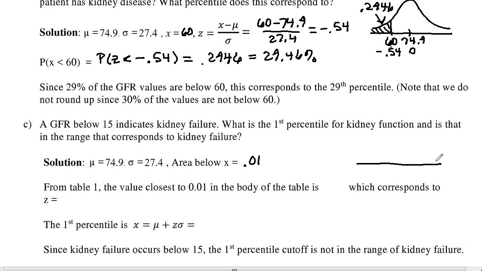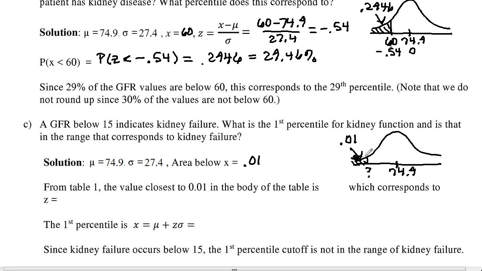So if you sketch your diagram, you've got your 74.9 in the middle, and then down here in the first percentile, you've got this value that we're trying to find right there. And we know that proportion or probability of area is 0.01.